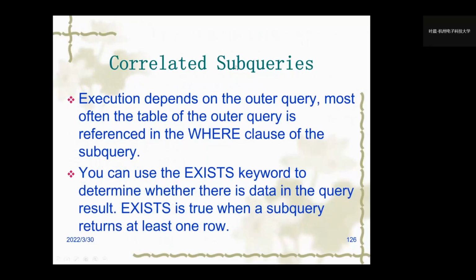And for the correlated subqueries, it means the execution of the subquery depends on the outer query. So most often, the tables of the outer query are referenced in the where clause of the subquery. So you can use the exists keyword to determine whether there is data in the query results. So exists is true when a subquery returns at least one row.